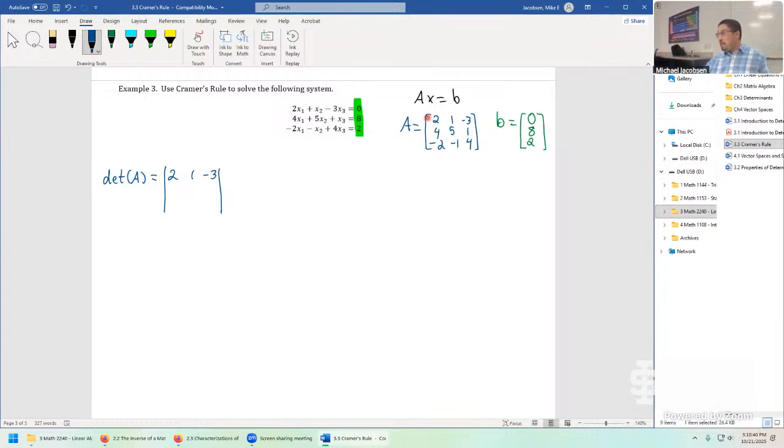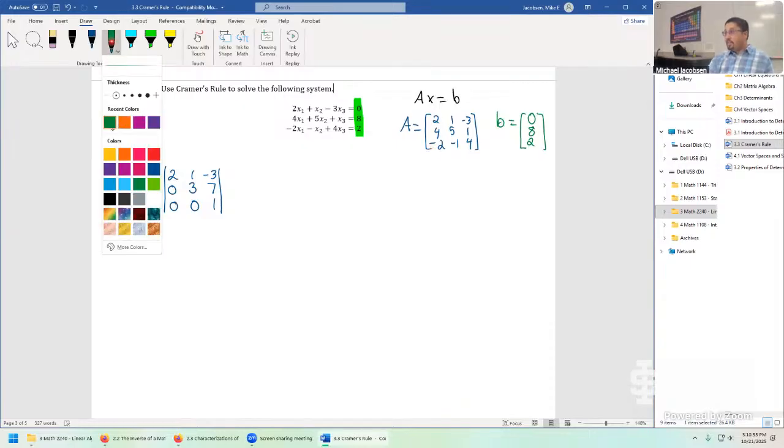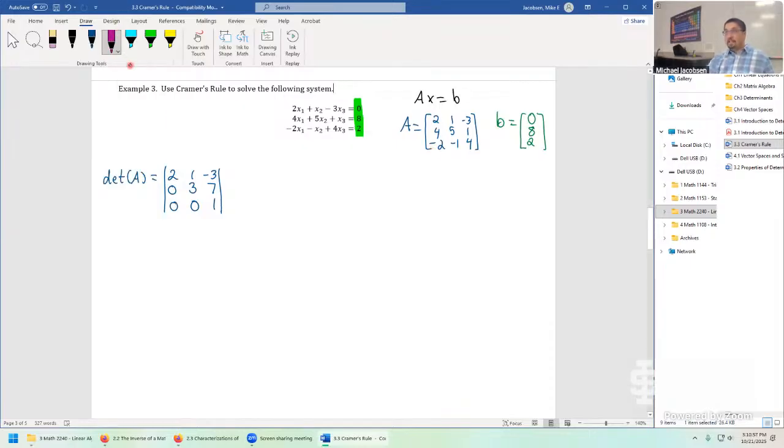Multiply it by -2, adding to row 2 is going to give us 0, 3, 7. Next, we can take row 1, add to row 3, replacing it, and that will give us 0, 0, 1. Whenever you get a matrix like this, it's always good to kind of pause and reflect how nice this one is. This one is upper triangular.